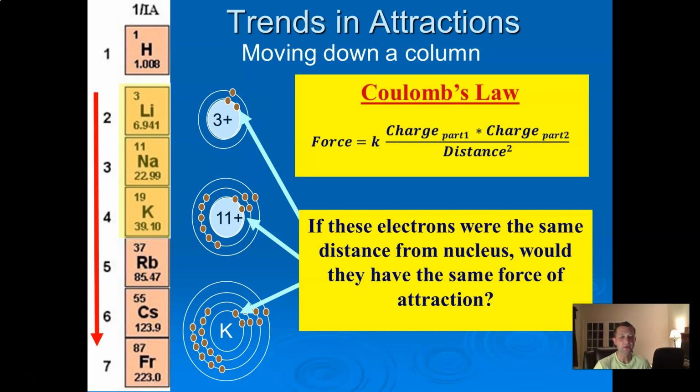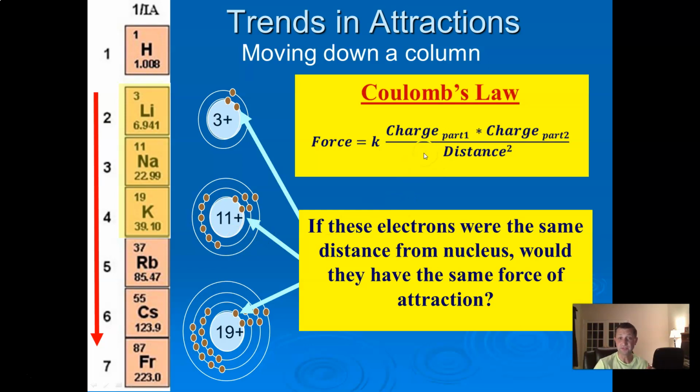Sodium has 11, so it's a +11, and potassium is 19, so it's a +19. So you can see that potassium has a stronger attractive force on its first level electrons than sodium or lithium, because of the Coulomb's law formula and the difference in the charge of part 1. The charge of part 2 is the same for all of them, and the distance is the same for all of them, because we're focused on those inner shell electrons.